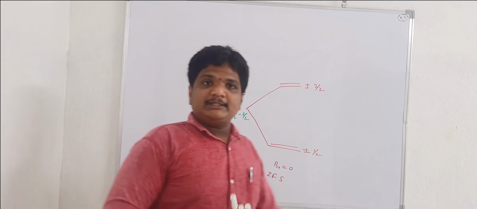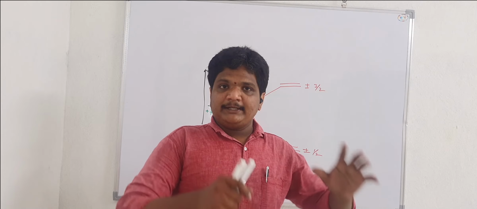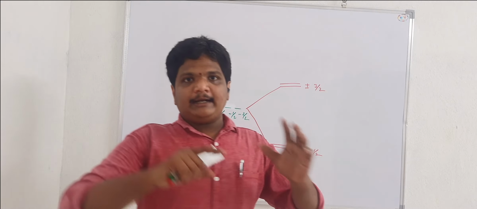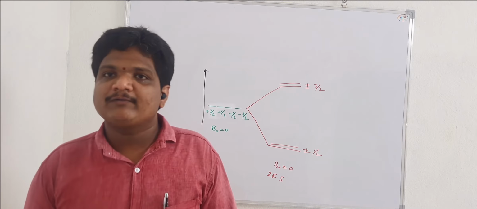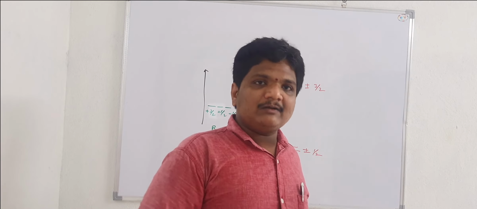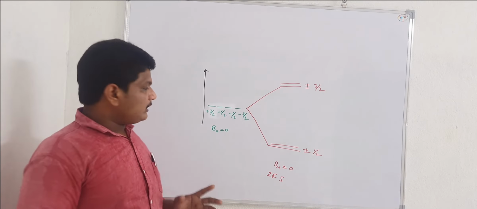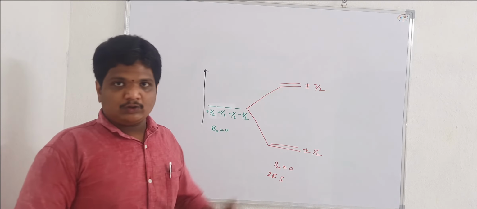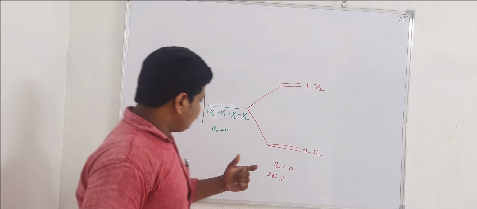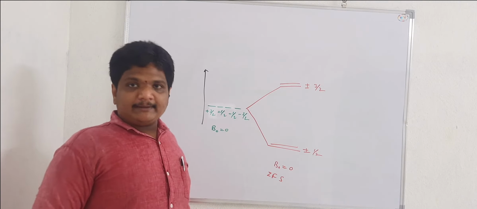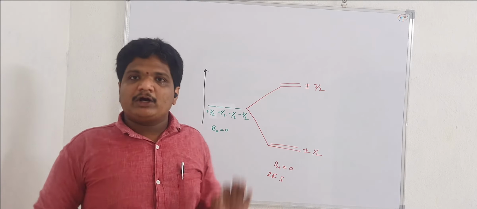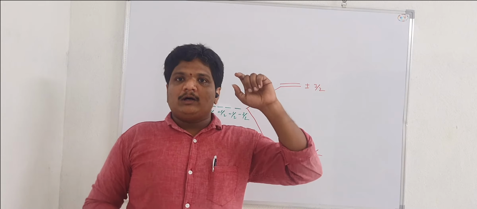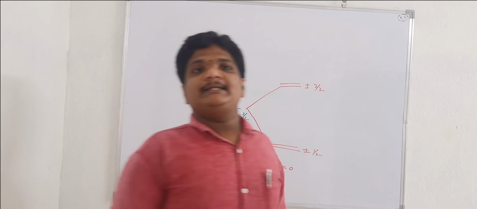We know that zero field splitting is nothing but the splitting of energy levels of these spins in the absence of external magnetic field and in the presence of crystal field. Due to this crystal field, there is a splitting of the energy levels of the spin states. That kind of splitting we call zero field splitting. In this zero field splitting, all the energy levels are doubly degenerate. It means it maintains the Kramers degeneracy.